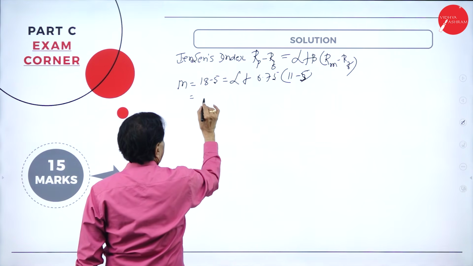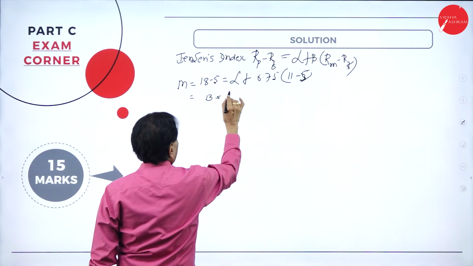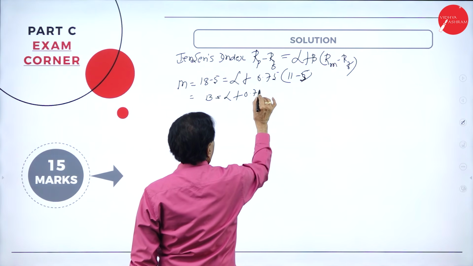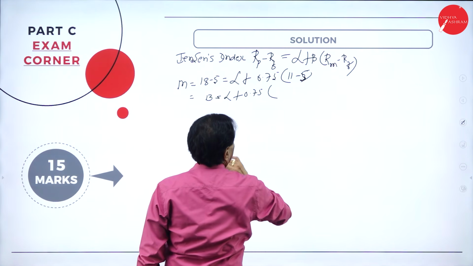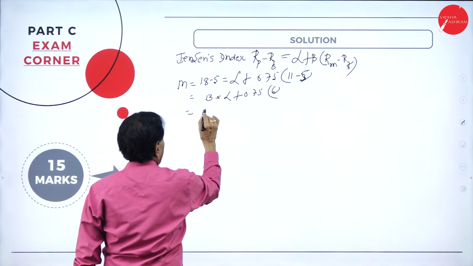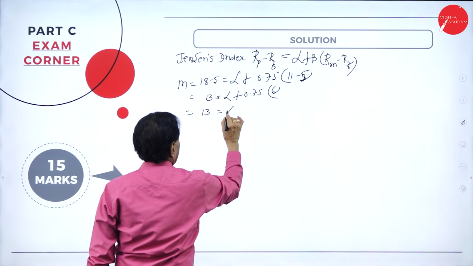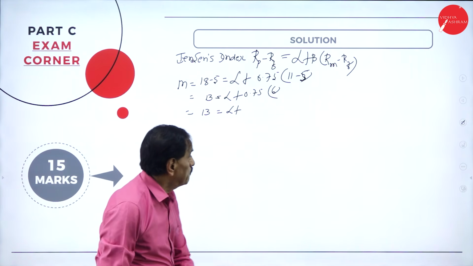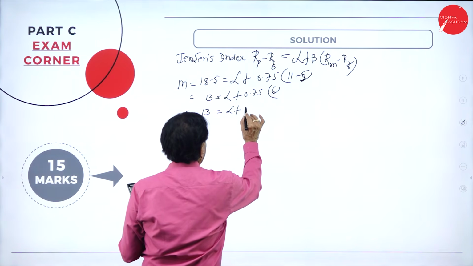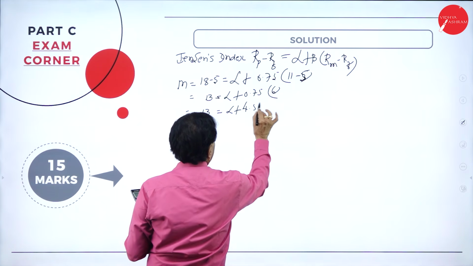So this is 13 equals alpha plus 0.75 into 6, which is 4.5.